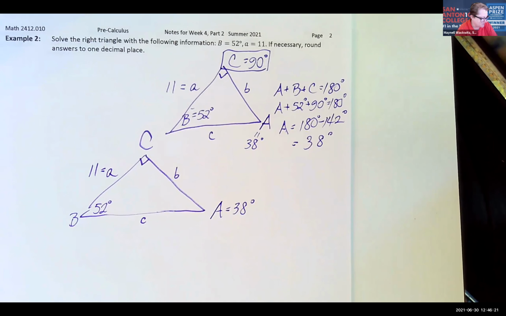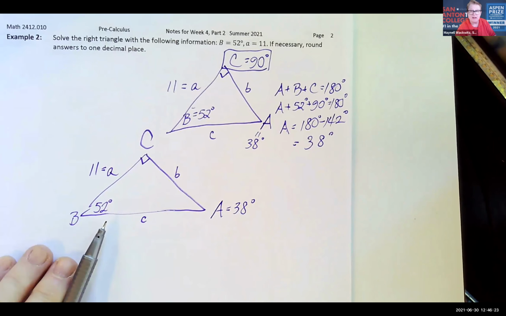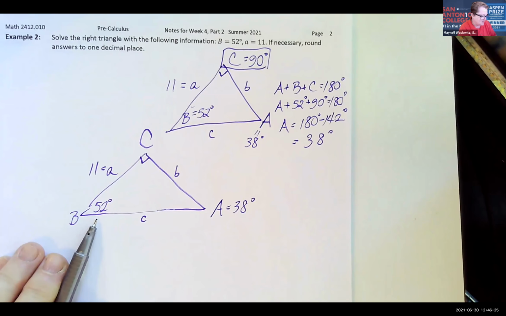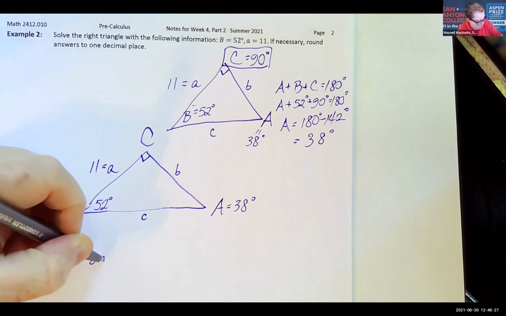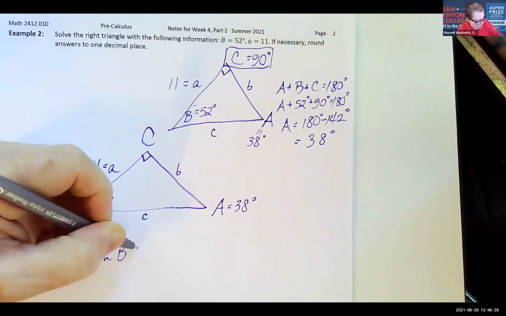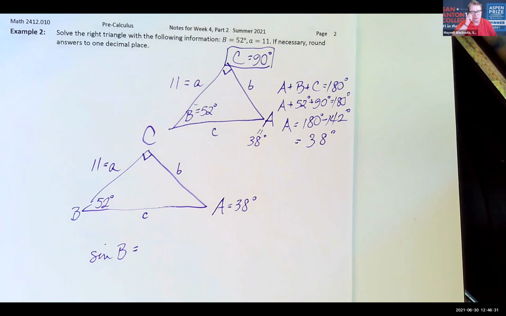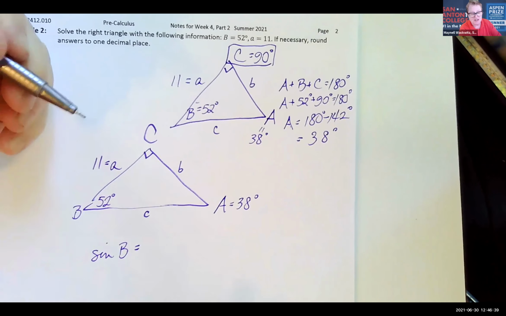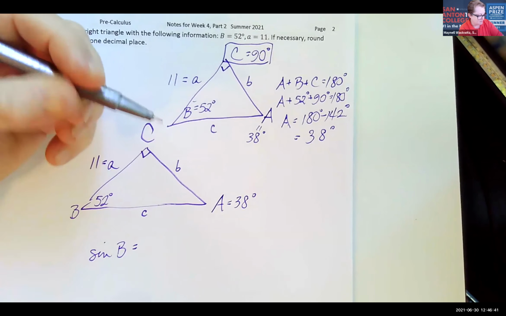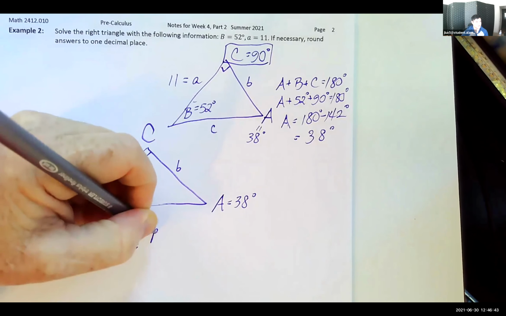What do we know, for instance, about B, since they gave us that? What is the sine of B in terms of the sides of a triangle? Opposite over hypotenuse.